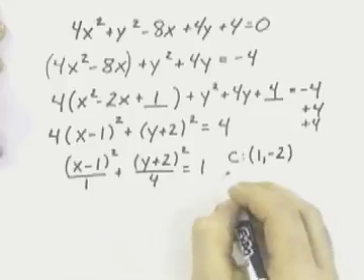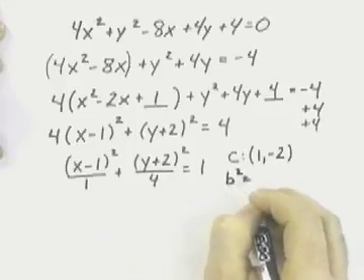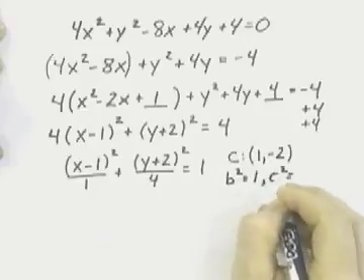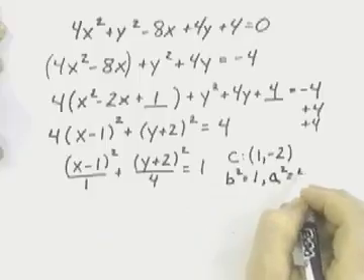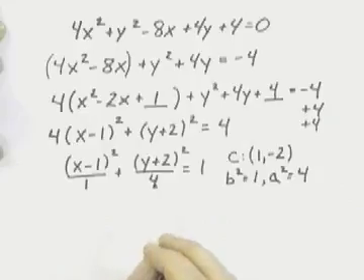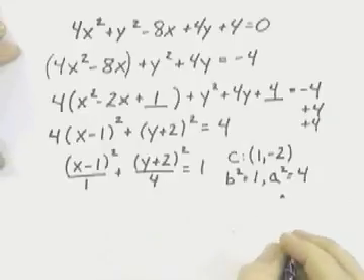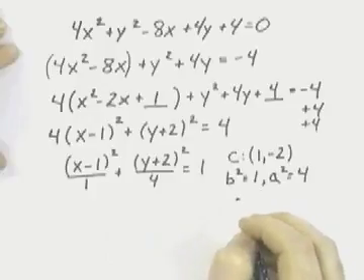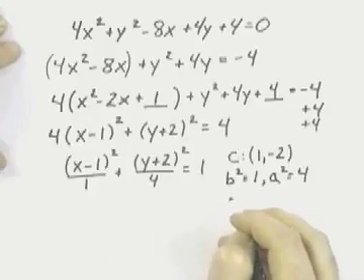I have that b squared is equal to 1, and a squared is equal to 4. Remember, b squared is the value in the denominator of x here, and a squared is the value in the denominator of y. Now what I can do is use this information to find the value of c.